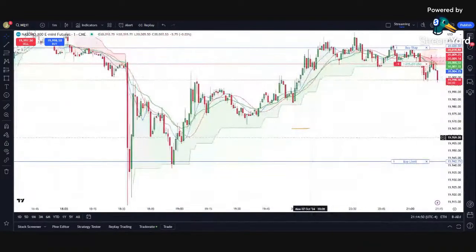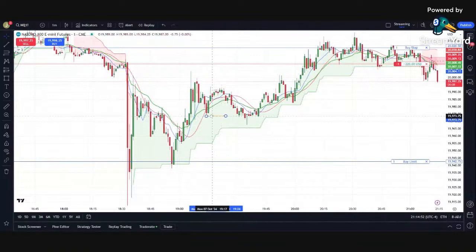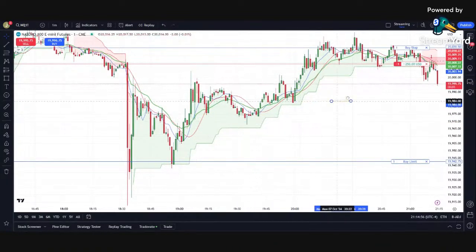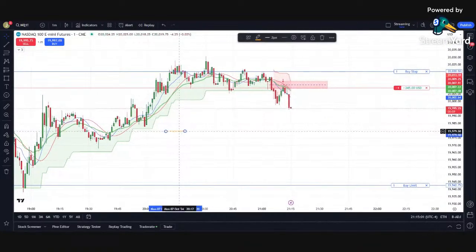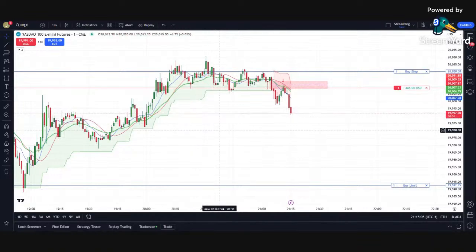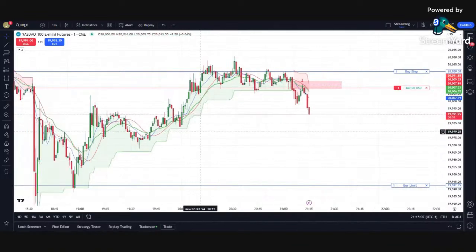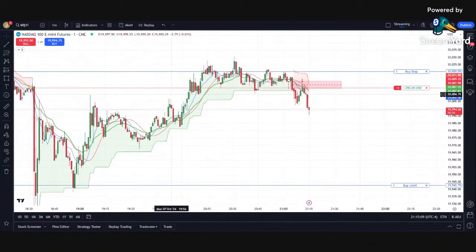But if I am here, this is liquidity, he said. So there is liquidity all over the place, and I don't know how to identify it. That's my problem with ICT. How can I know exactly where the real liquidity is if there is a lot of liquidity? I don't know. If you're an ICT trader, teach me, and I will be happy to go back to ICT trading.